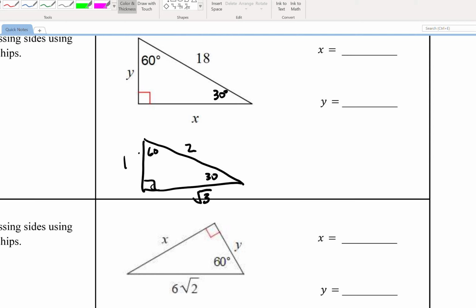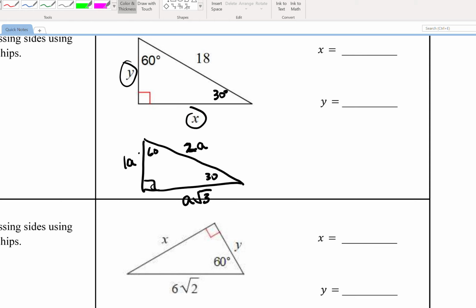Now, any ratio, again, works. Because we're using x here and y here, I'm going to use a different variable. Let's say a. Here, 1a, 2a, and then a root 3.